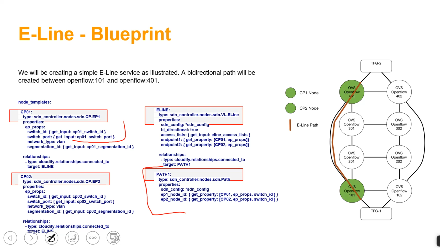I'm sorry to interrupt you. What is the SDN config? That has all the SDN controller details, the port number and IP address of the SDN controller. And CP01, CP02 are these two endpoints. Correct. And the SDN config is because you have to go and talk to the SDN controller, right? Yeah.